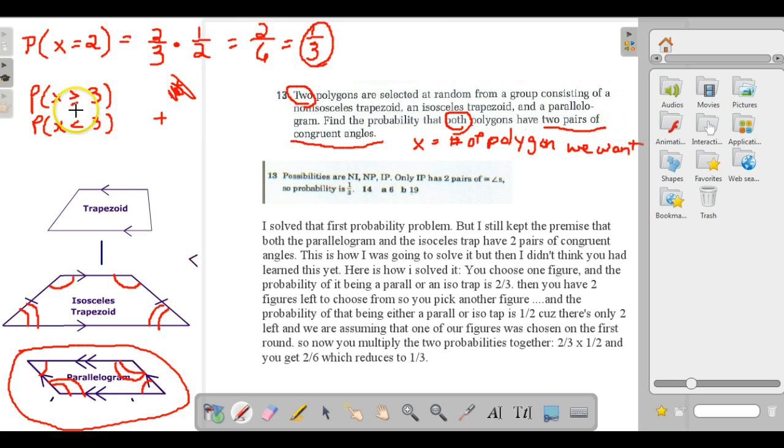Generally, when x is supposed to be greater than a number, you do 1 minus the probability of x equaling 1 plus the probability of x equaling 2, and so on.